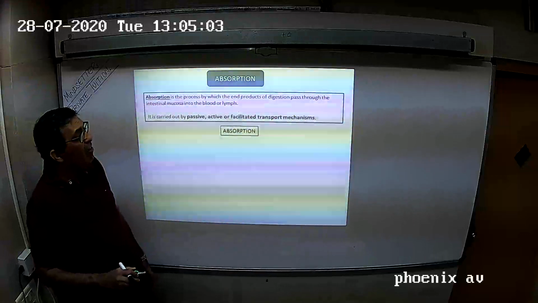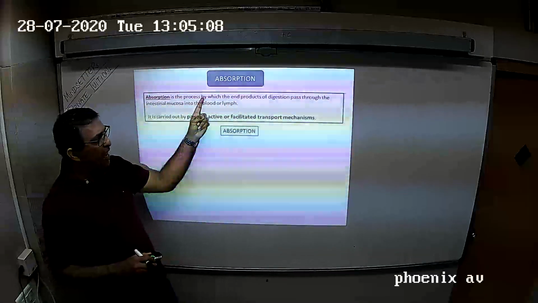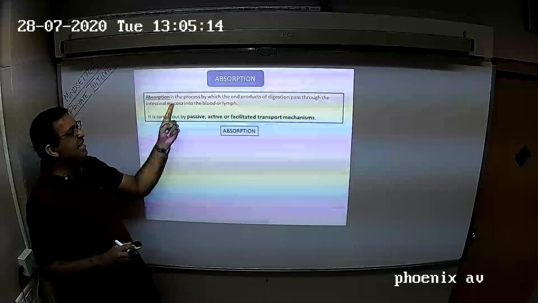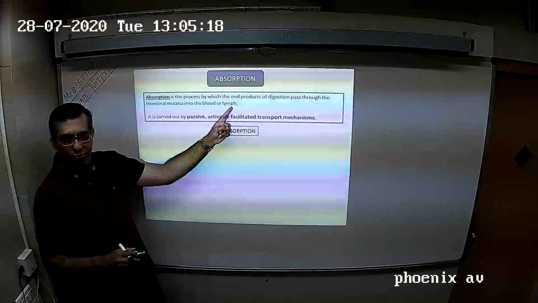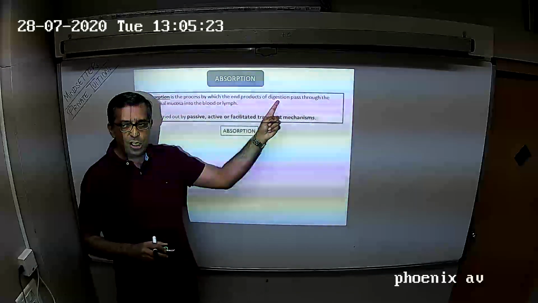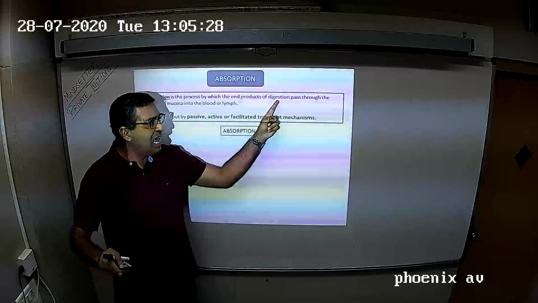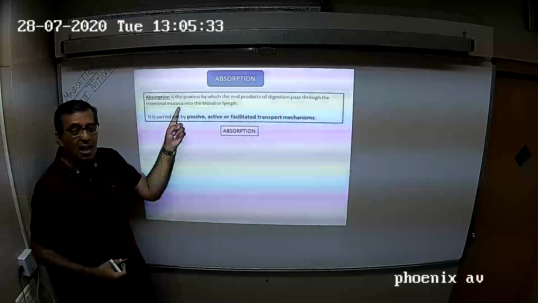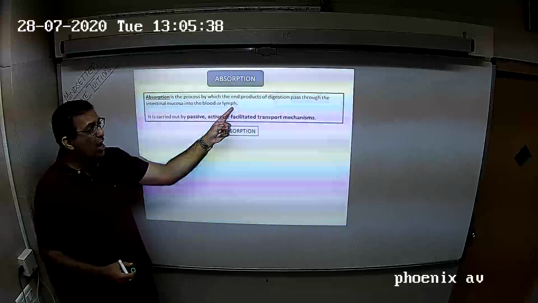And then we have absorption. Absorption is the process by which end products of digestion pass through the intestinal mucosa into blood or lymph. By digestion, complex food has become simple nutrients, and they will get absorbed through the intestine, mainly the jejunum and ileum, into blood or lymph.